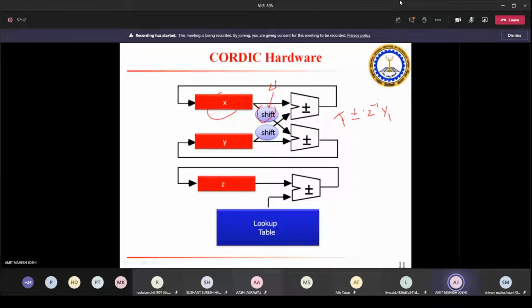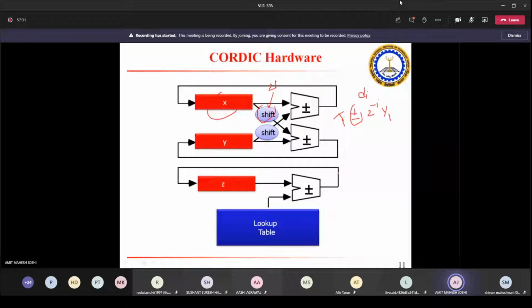This is a plus or minus, depending on your di. So xi plus or minus 2 raised to I yi, and similarly y plus or minus 2 raised to I xi. That was the equation.